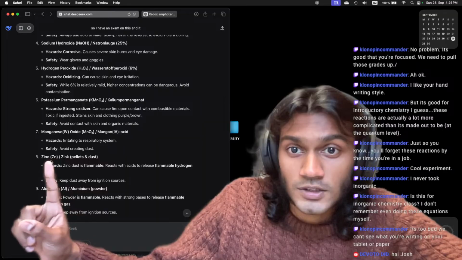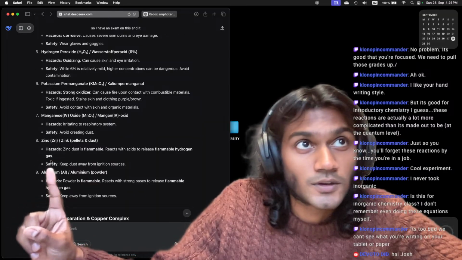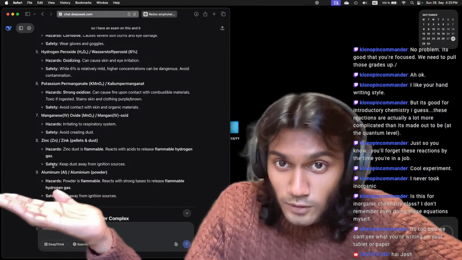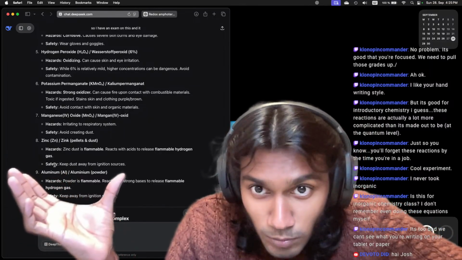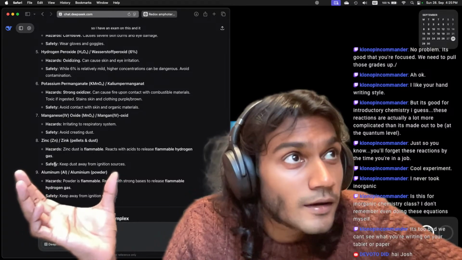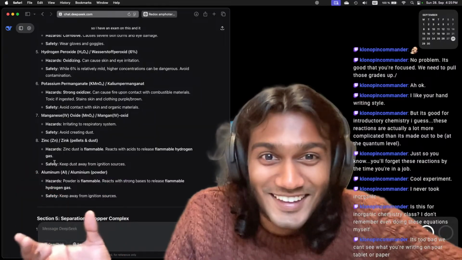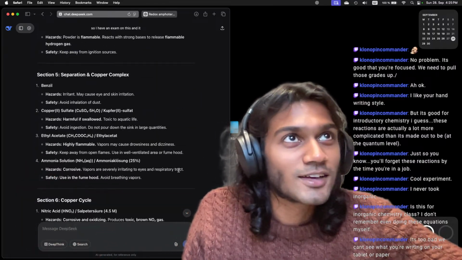So don't mess with this. Zinc dust, that's crazy. Now for aluminium, its powder is flammable and releases hydrogen gas. Yeah, it's fun.